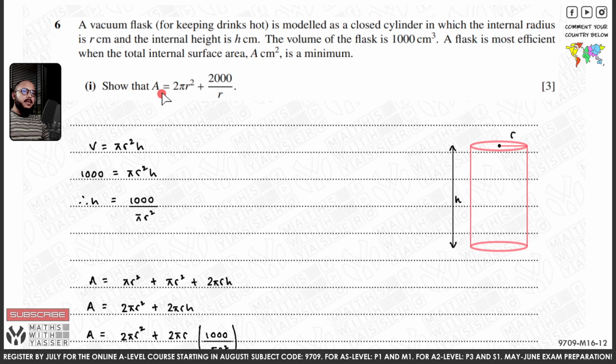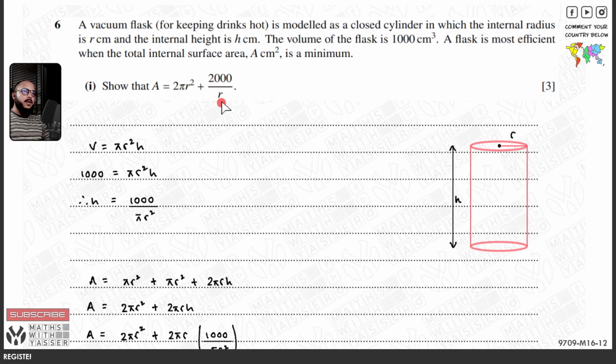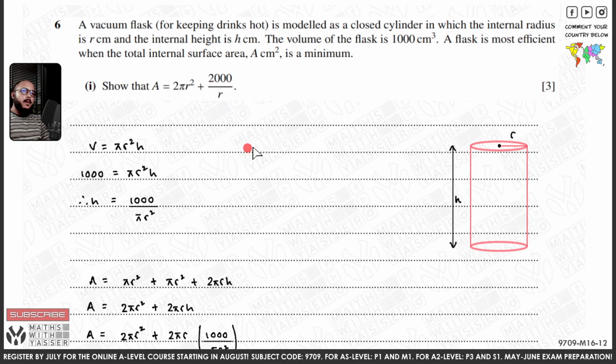We need to show that A is equal to 2 pi r squared plus 2000 over r. And if you look closely at the show-that part, you can see that there is no h in the equation. So first let's find the volume of the cylinder.